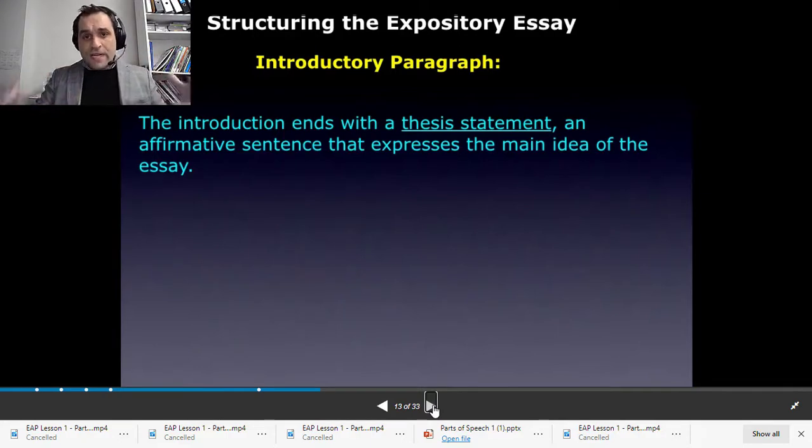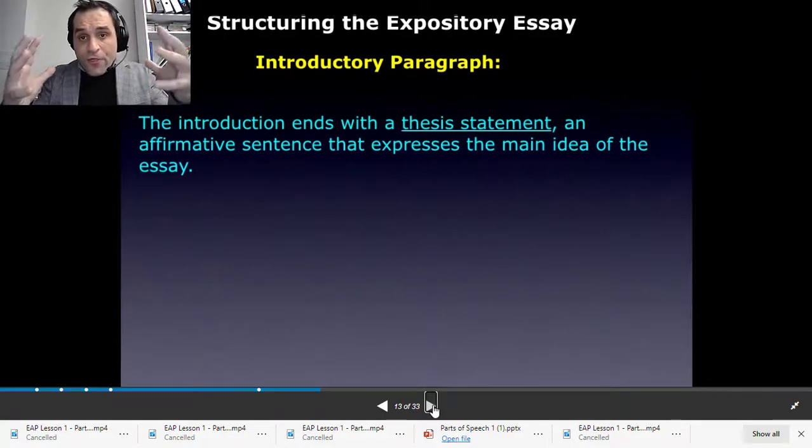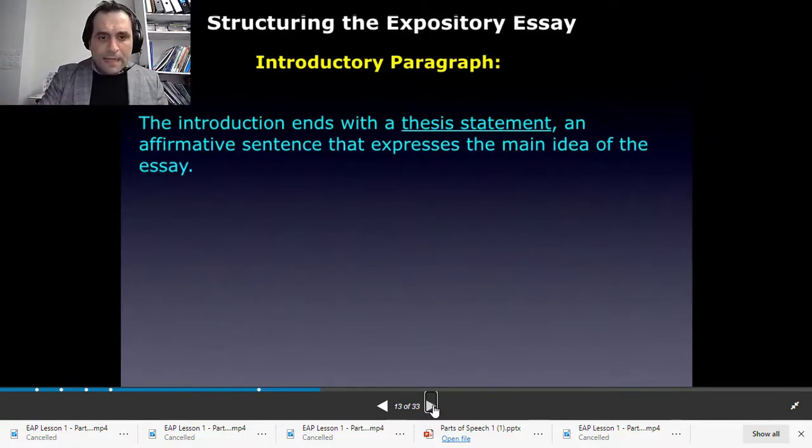The thesis statement is the topic of the essay. It is the question that you're trying to answer. It is the main idea that you're trying to research and gather facts about. So, the main idea of the essay, that's the thesis statement of the essay. And here's an example.